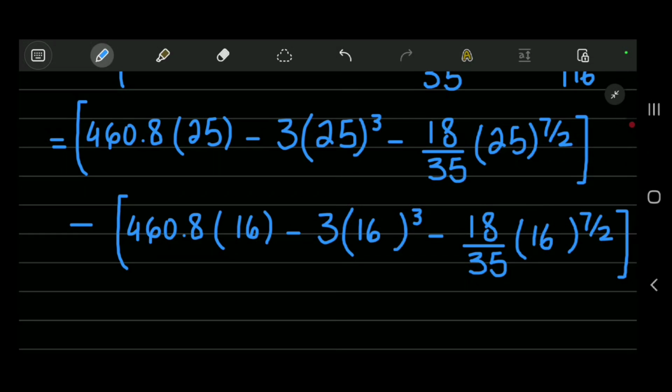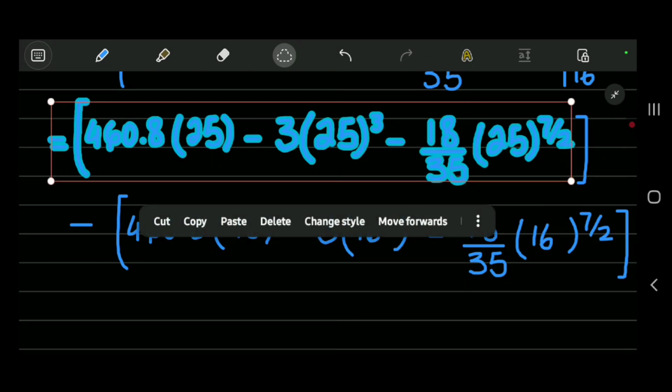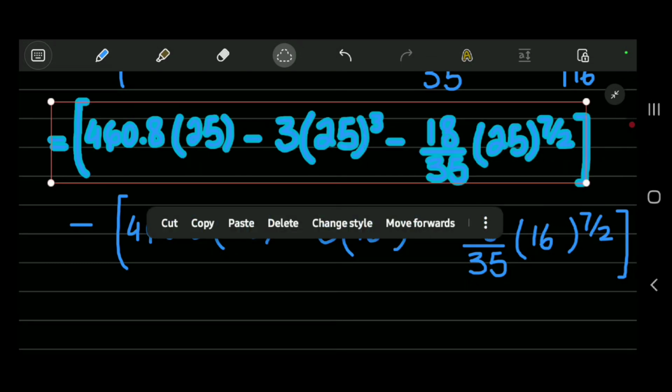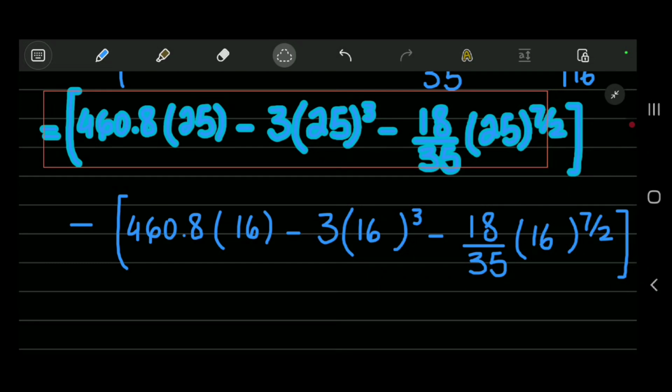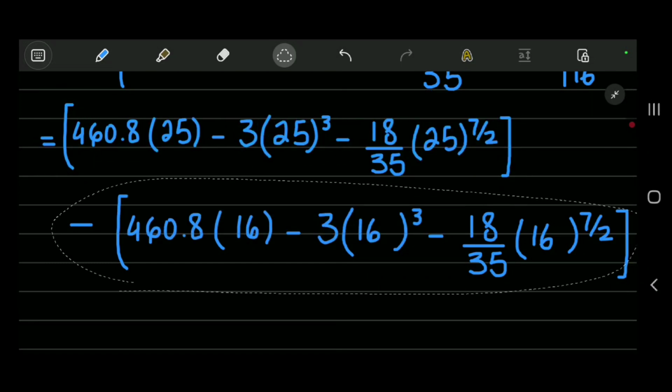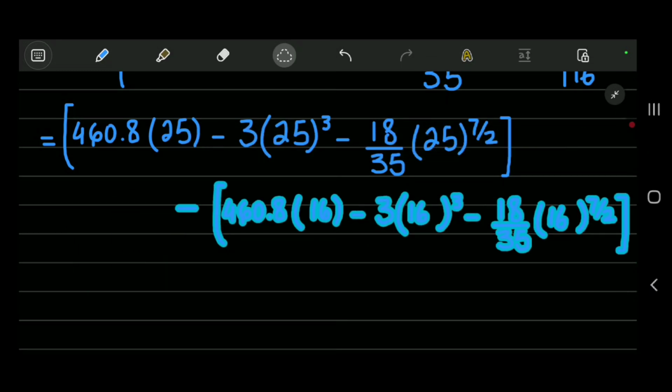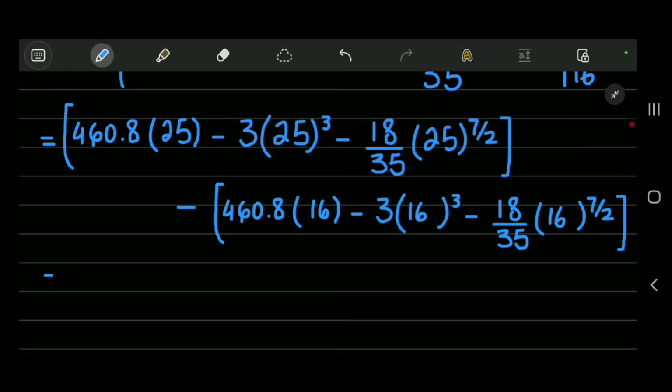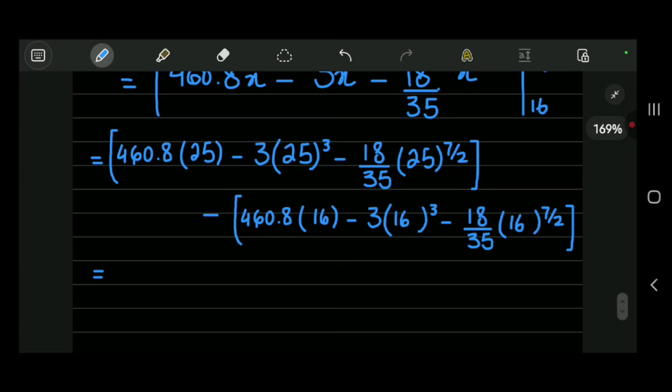When we solve it, solving the first one will give you 4823.5714.